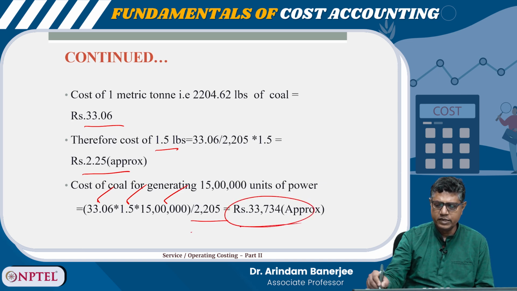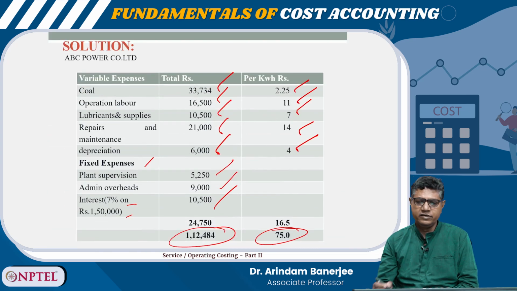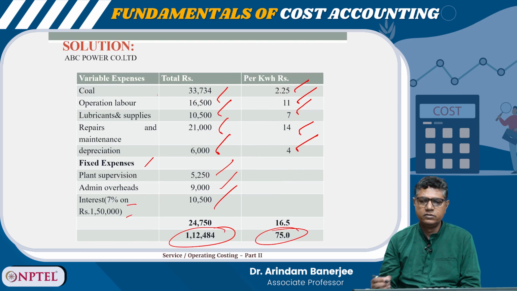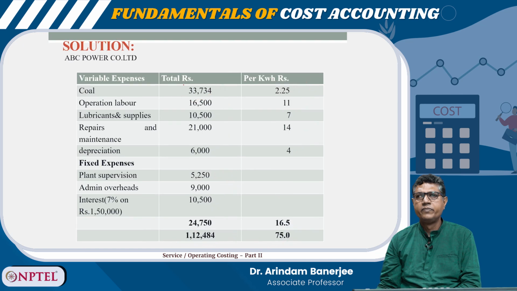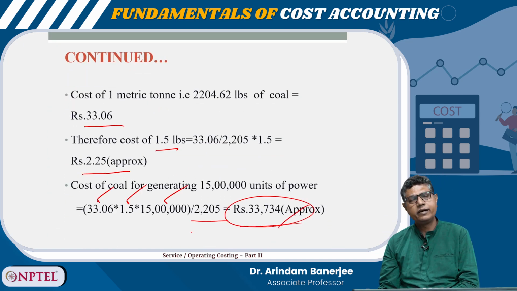So, it is coming to 33,734, which is shown here, right. This value is coming from here. Okay, fine.